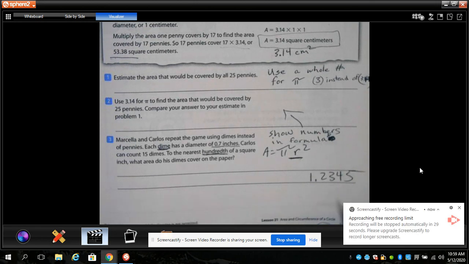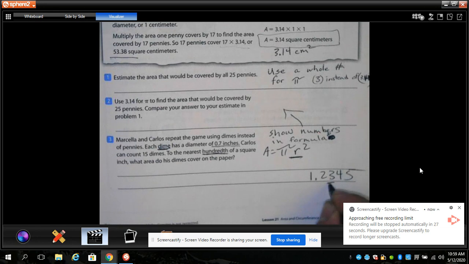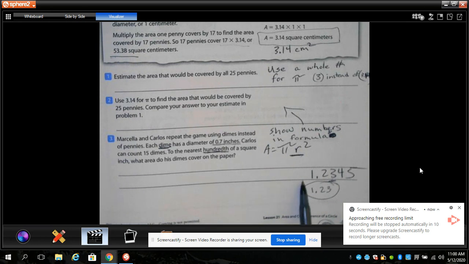If we're going to the nearest hundredth, that would be the 3. Here the 4 would round the 3 to stay the same because it's 4 or lower. So this would round to 1 and 23 hundredths. So that would be rounding to the nearest hundredth. Make sure you're rounding correctly.